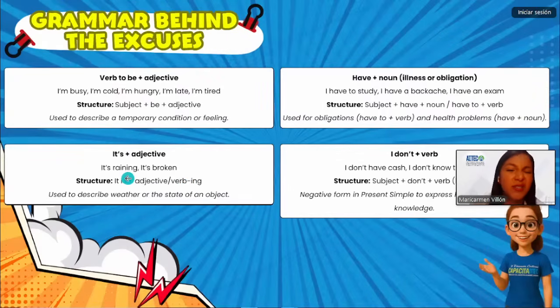Por ejemplo, it's raining porque está lloviendo. It's broken porque está quebrado. Entonces esto puede ser para describir climas o el estado de algún objeto. ¿Sí? Seguimos hablando de razones por las cuales podemos dar una excusa, que ese es el tema. Reasons for not doing some favors, razones para no hacer favores, cómo podemos formar oraciones. Y aquí están sus estructuras. Y veamos una más.